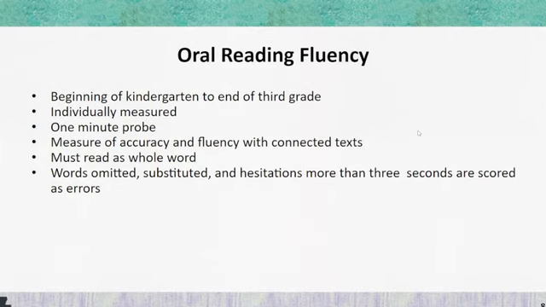The examiner presents the student with a passage and asks the student to read the passage aloud for 1 minute. Words omitted, substituted, and hesitations of more than 3 seconds are scored as errors. Words self-corrected within 3 seconds are scored as accurate. The final score is the number of words read correctly within 1 minute.